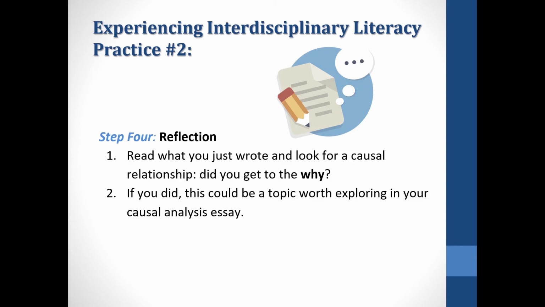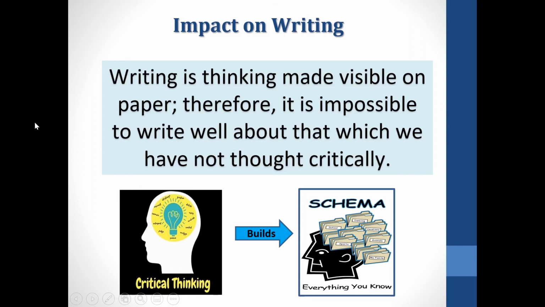They just are. So we get to the reflection, and this is something that I think you can see in the example I'm going to show you of a student's work in just a second: writing is thinking made visible on paper. And therefore, it is impossible to write well about that which we have not thought critically.